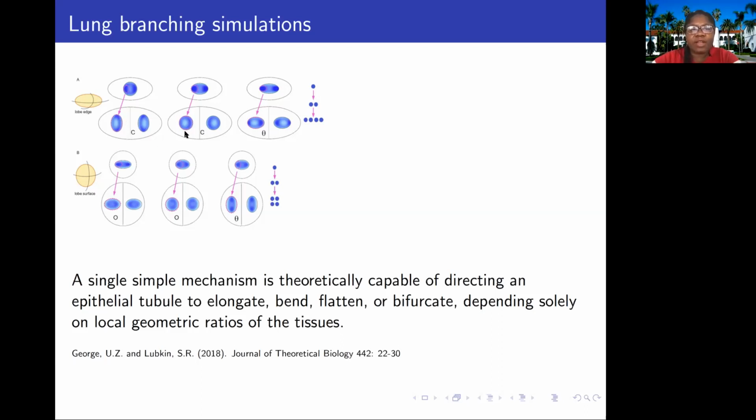Now in the second image, you have a circular board. We find that we do not have branching as well. You would have it growing and curving out, kind of bending. But in this case, where we have the elliptical sections, and the boards are arranged in the same orientation as the parent branch, we have branching.